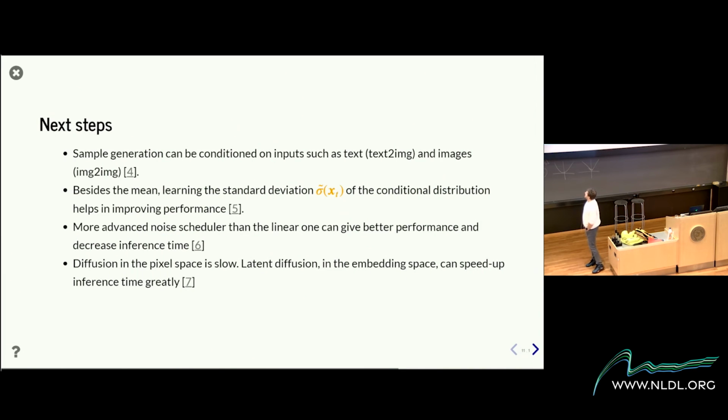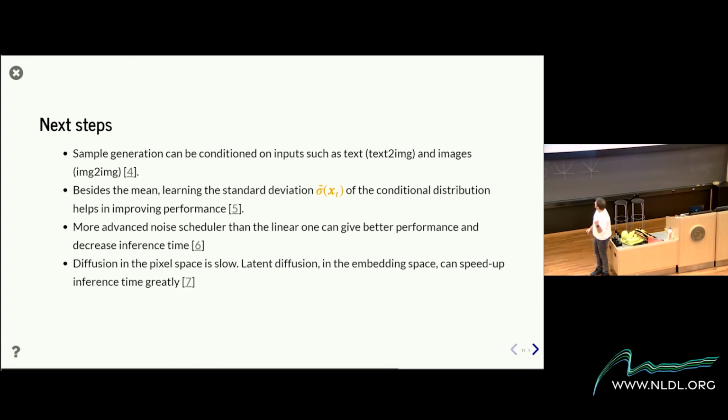Other comments: as we said, we made a strong simplification by saying that the standard deviation in the backward process is not learned, or does not really depend on the previous sample. We said that this is just a time-dependent constant that we already know.